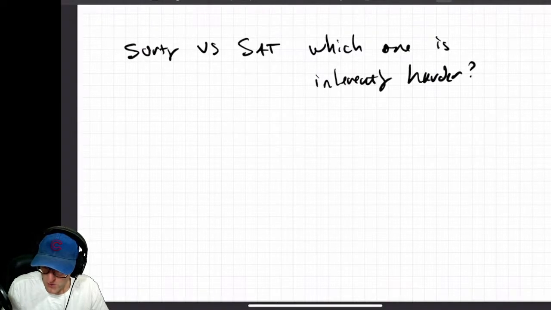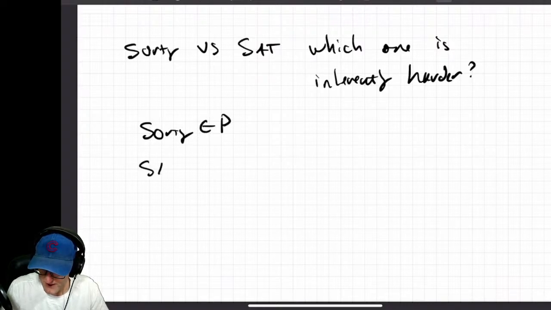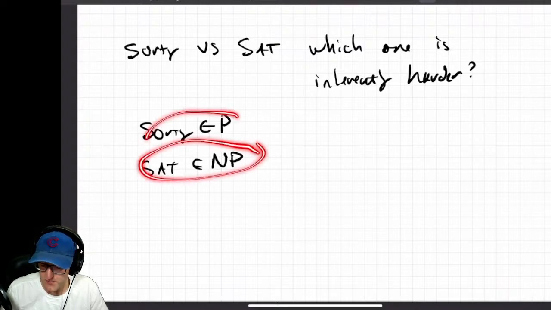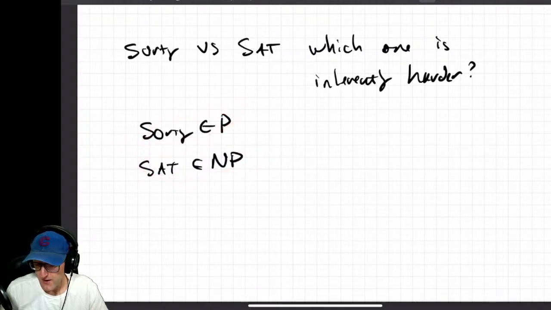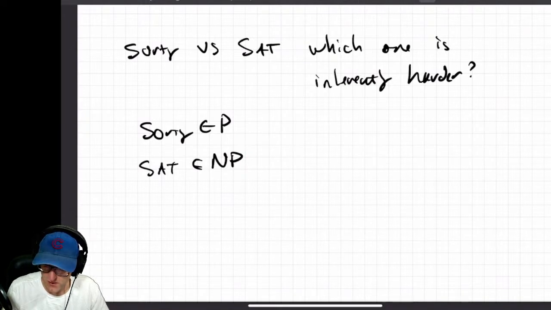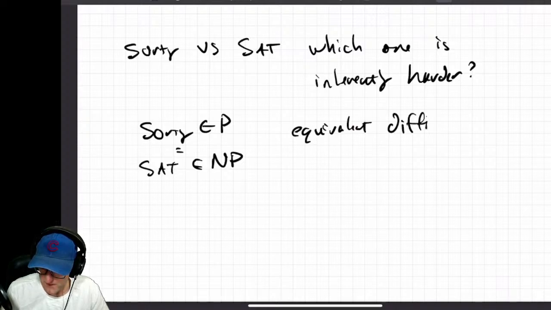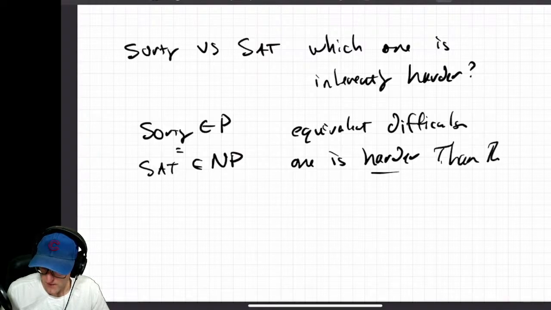We know that sorting is in P. We know that SAT is in NP. So we know that SAT is at least as hard as sorting. But one, how do we know that? And two, how could I potentially show the other way, that these two things have an equivalent difficulty, or one is harder than the other?